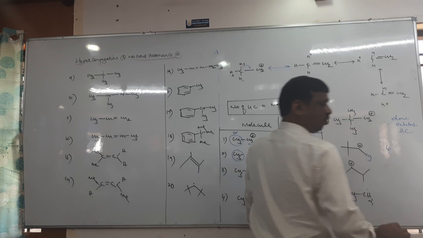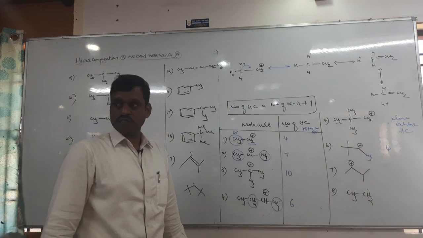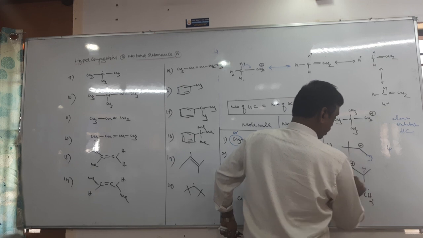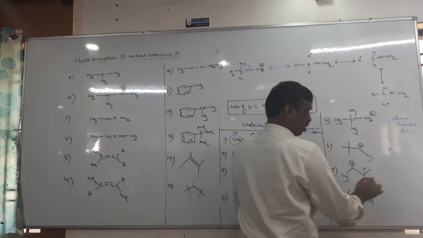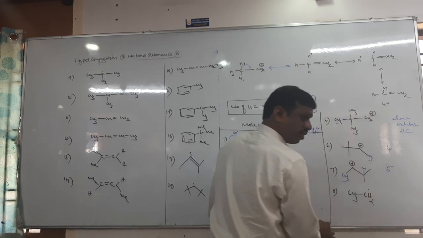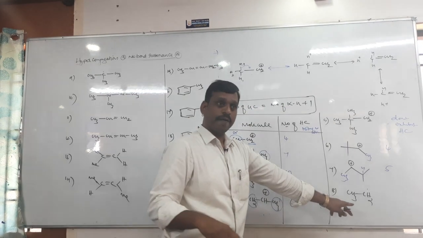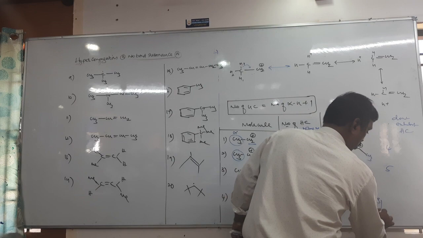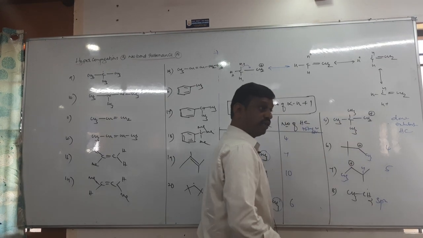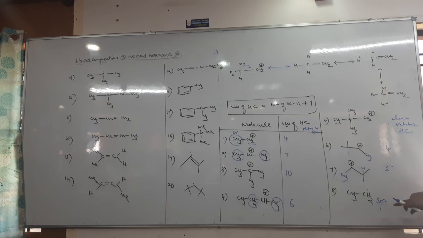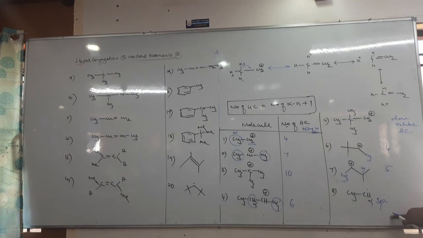Next, here there is a CH3, right? How many? 4 hyperconjugation structures. Next here, here is CH3, 5. Next here, like a carbocation, a free radical is also sp2. Therefore the stability of a carbocation and a free radical is similar with respect to hyperconjugation.